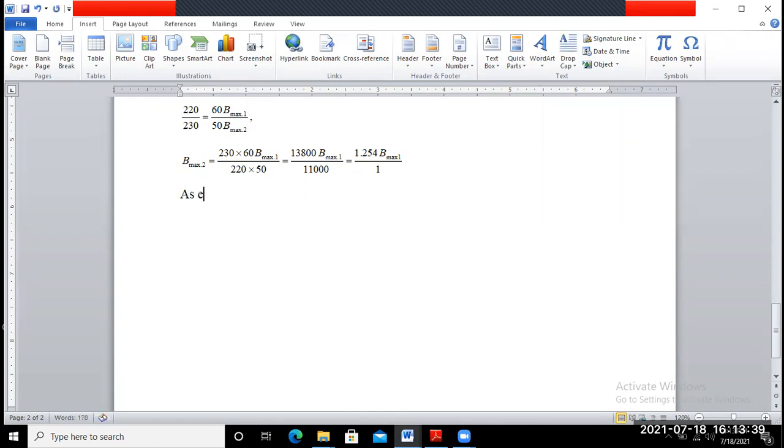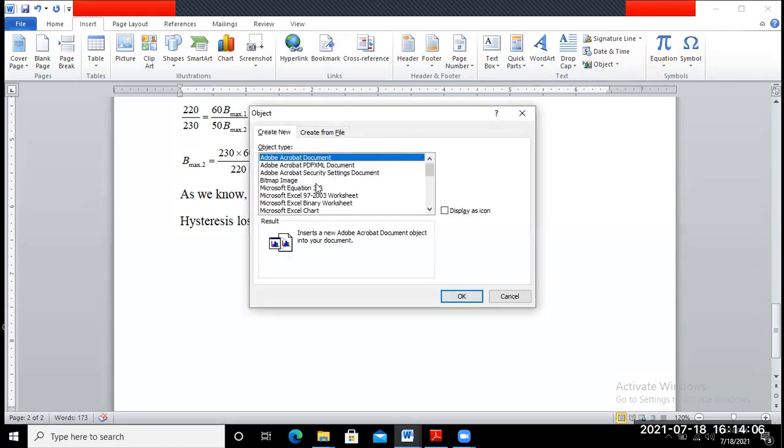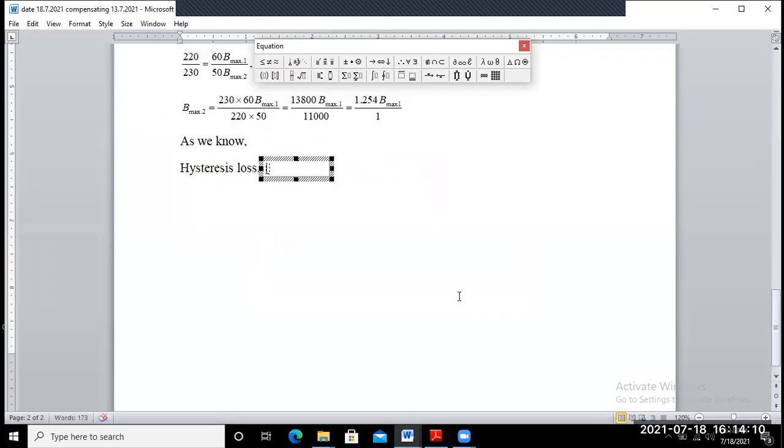As we know, hysteresis loss PH equal to kh into frequency into B maximum to the power x.